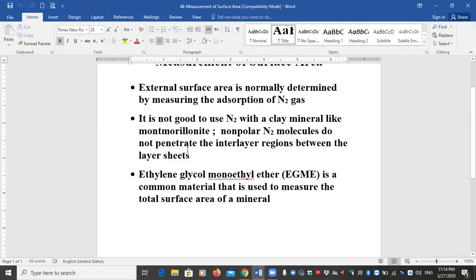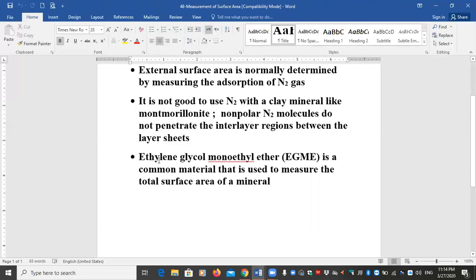non-expanding minerals. To measure the surface area of montmorillonite and the expanding minerals that have internal surface area, we use compounds like ethylene glycol monoethyl ether. Again, when you want to learn something like that, write it down. Ethylene word by itself, glycol word by itself, monoethyl ether.